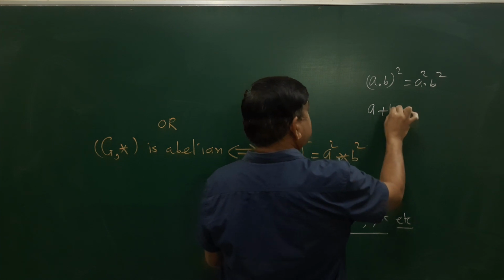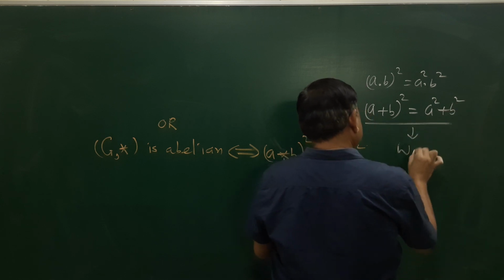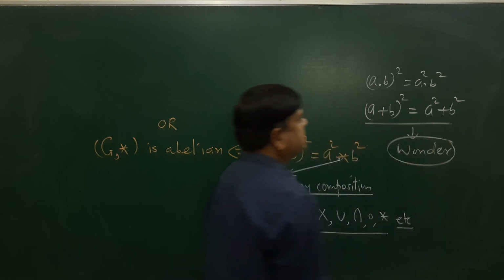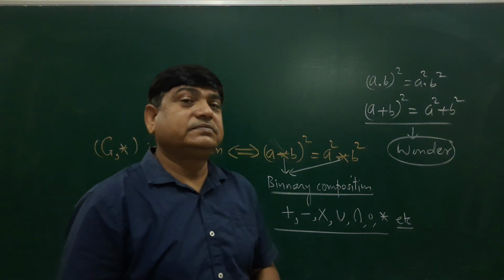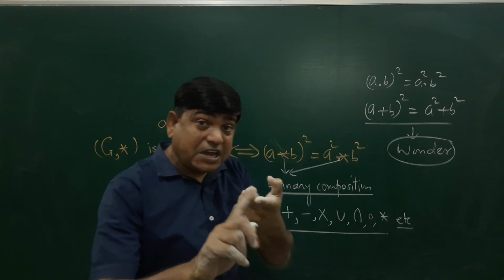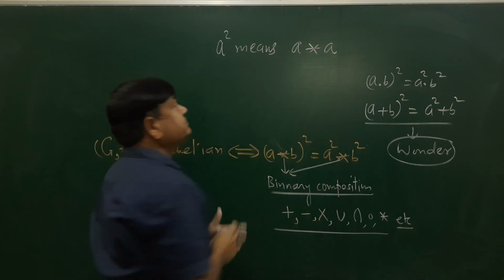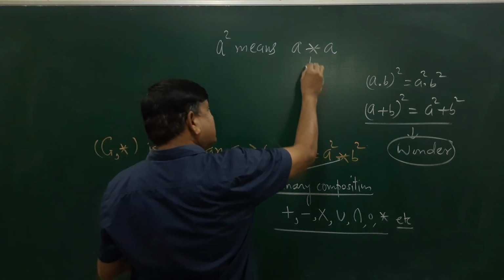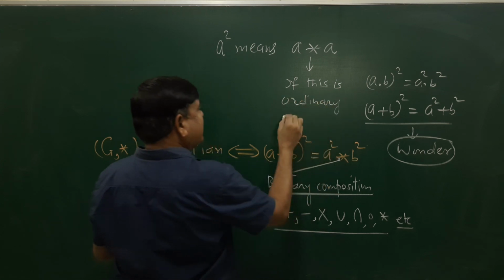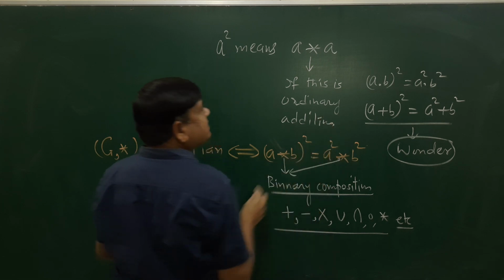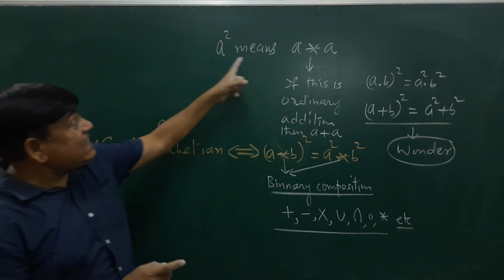But if this binary composition is plus, be careful: a square means a plus a if this is ordinary addition. It is not a into a.